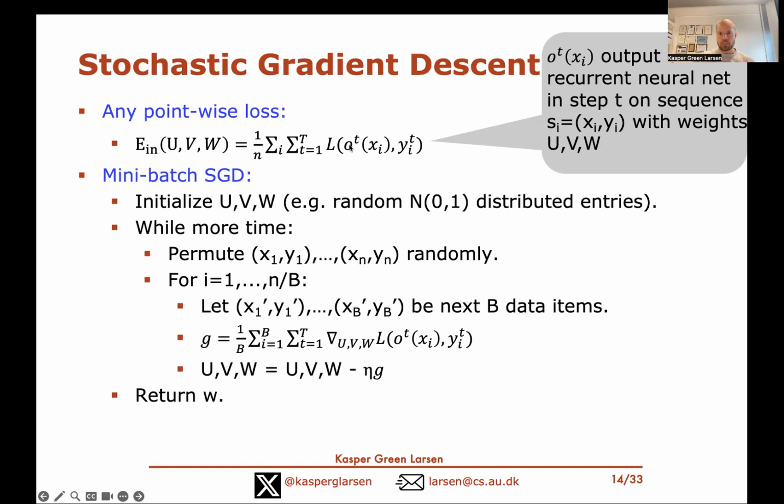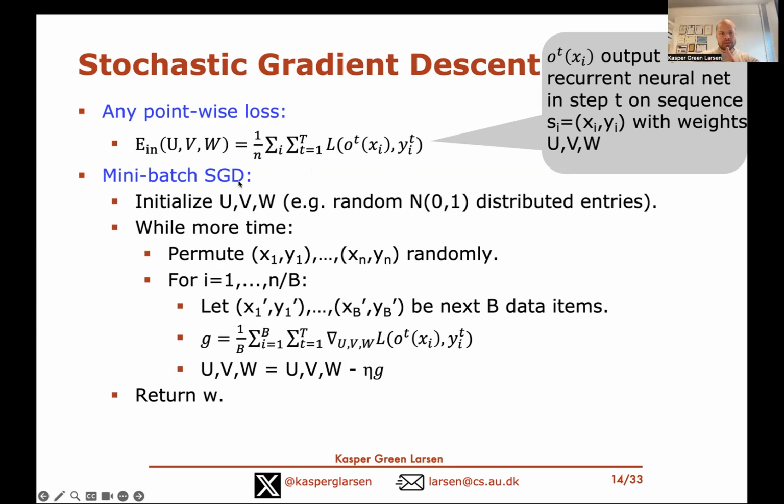We look at the output in step t when processing the whole sequence S_i, and we compare it to the t-th label. We measure this loss, and this is what we want to minimize.